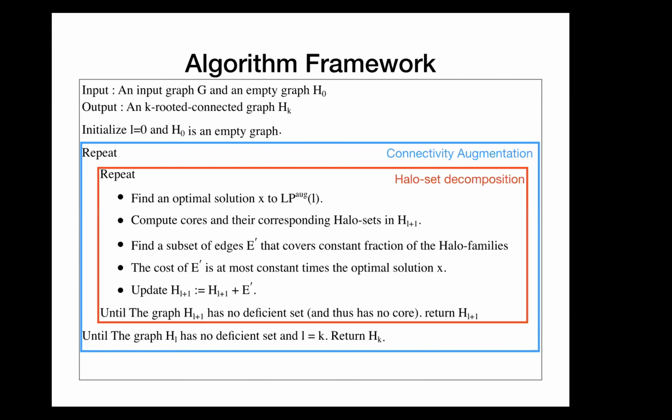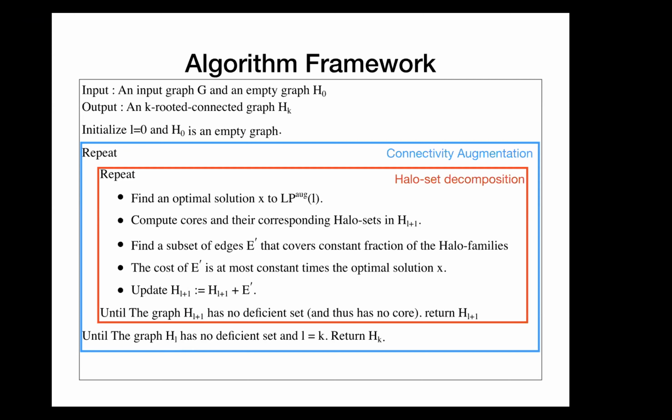So how do we increase the connectivity in each round? We use the hollow set decomposition. Suppose we have a polynomial number of partitions for those terminals which need new connectivity from the root. We call those partitions hollow sets.